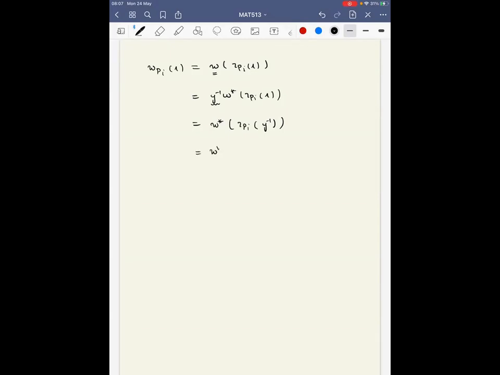And again, by the definition of a local component, we can see that this is the local component of omega star at Pi of y inverse.